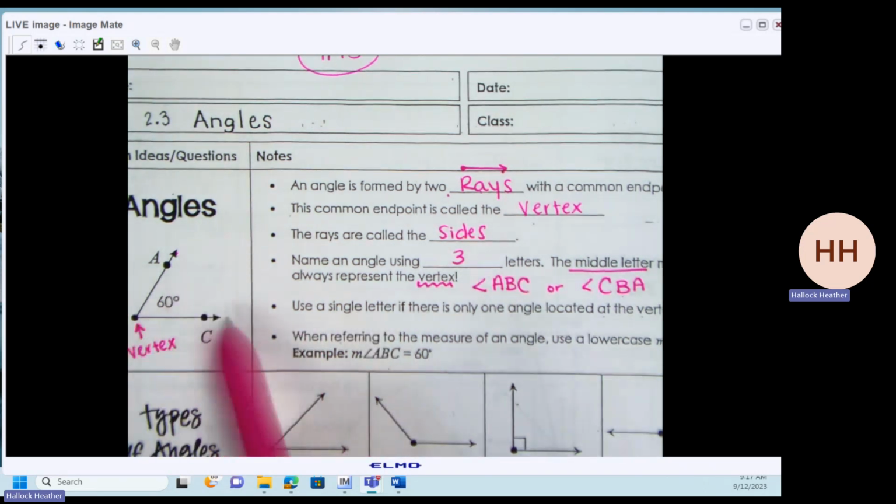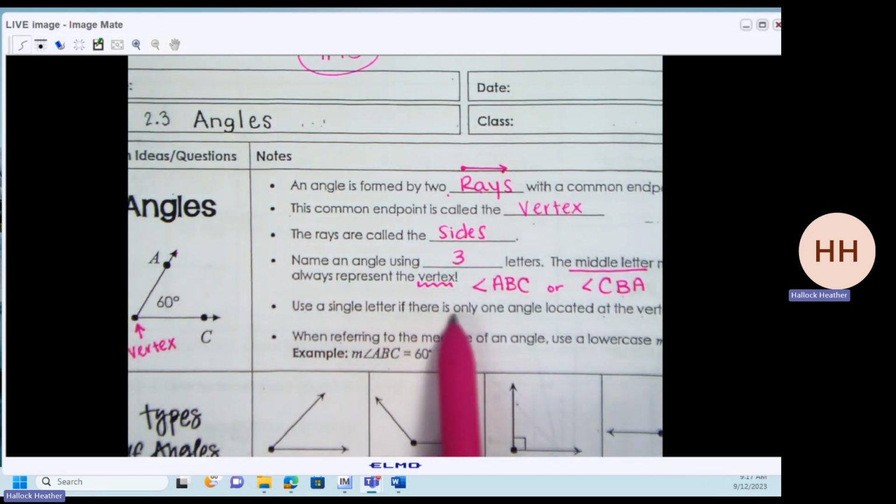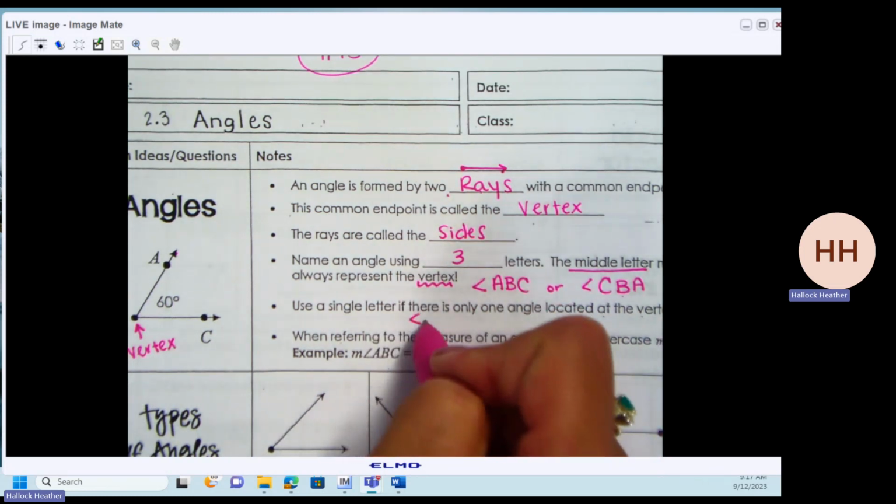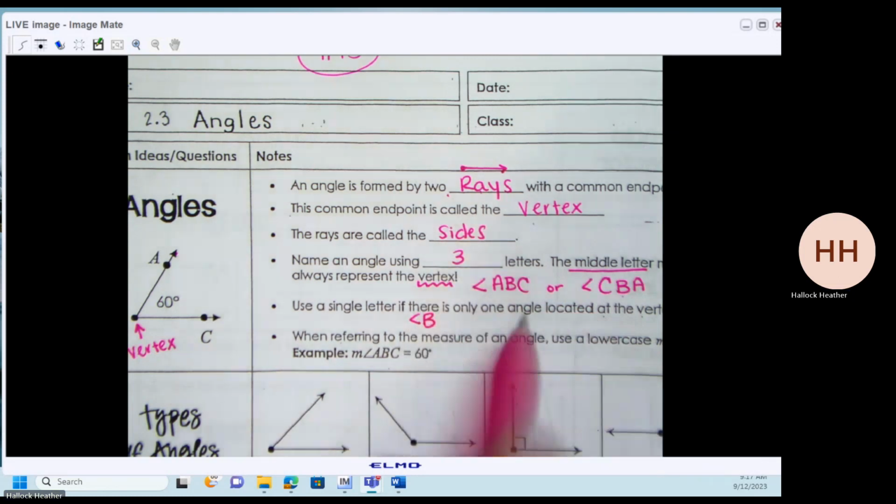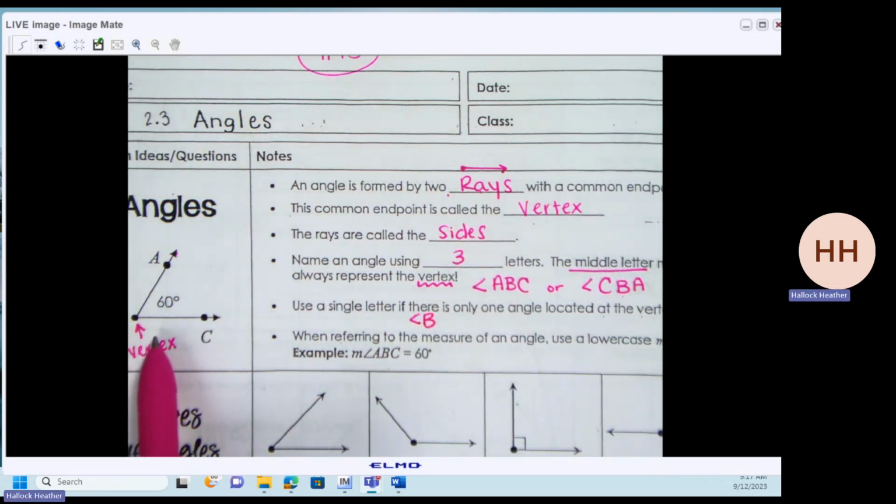But if you do have one angle, you can also use a single letter, which is the vertex. So I could say angle B because there's only one angle in this picture. When referring to the measure of an angle, we use a lowercase m. So the measure of angle ABC is equal to 60 degrees. That's just telling me the total for this is 60, the interior angle.